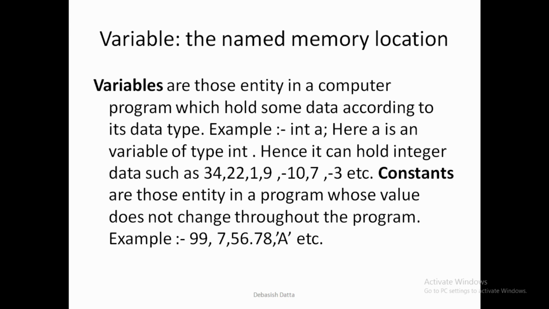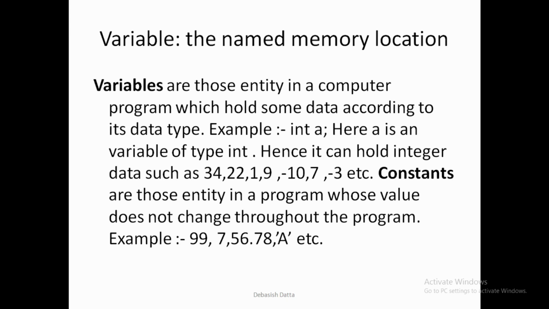What type of value it can hold depends upon its data type, which I have already discussed. If I declare an integer variable, it will be able to hold integer values. If I declare a character variable, it will be able to hold character values. If I declare a double variable, it will be able to hold double values.